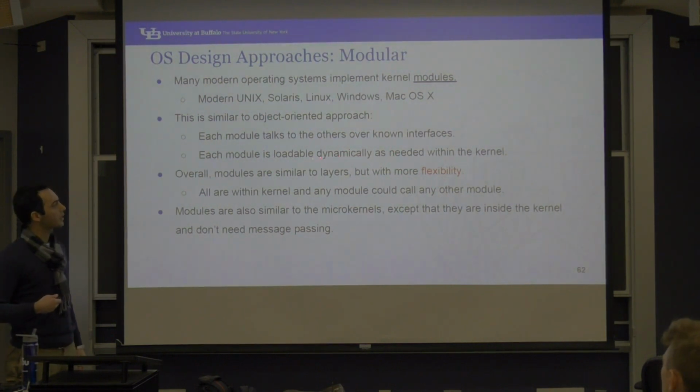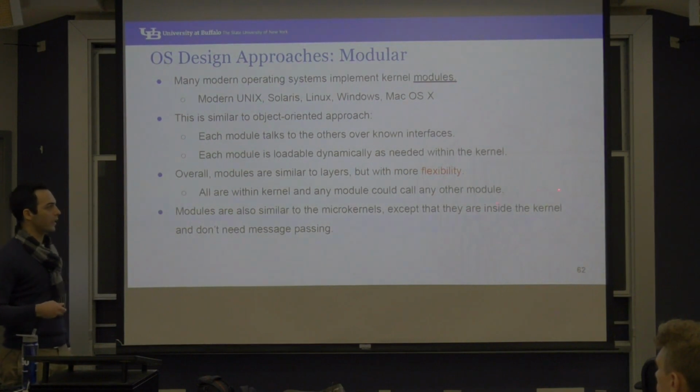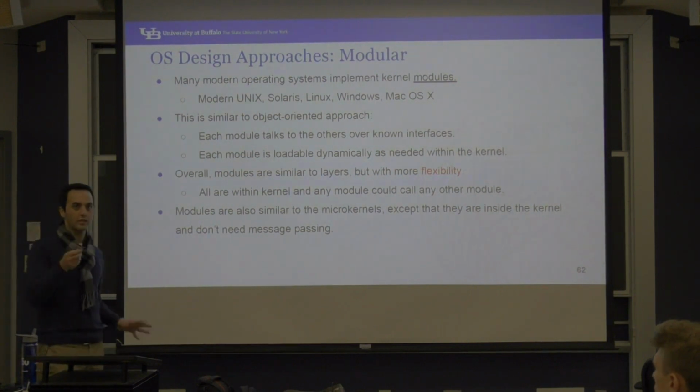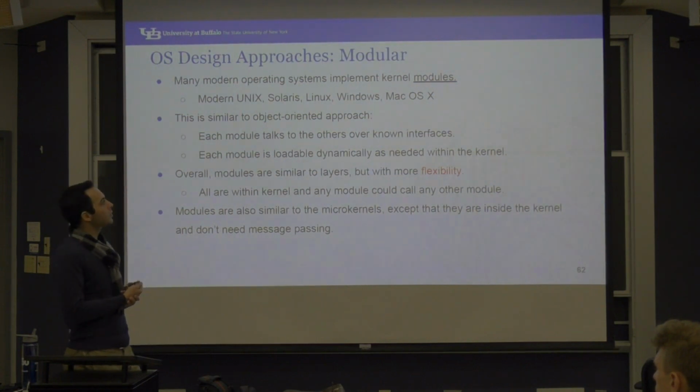They have dynamically loadable modules within the kernel, but because they're isolated, they don't necessarily freeze up that much. Modular is still similar to microkernels because they're separate, but they have their own access as well, right? Instead of message passing, they have direct communication. So these are some benefits, but that's why they still sometimes crash, right? And so this is modular.